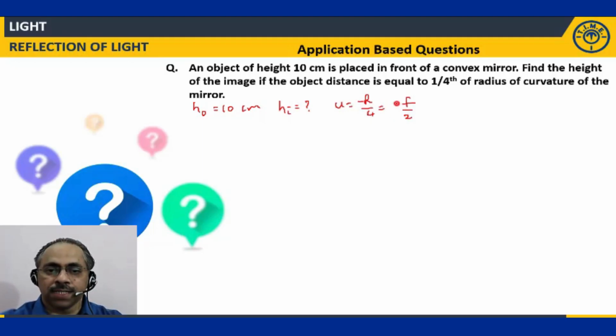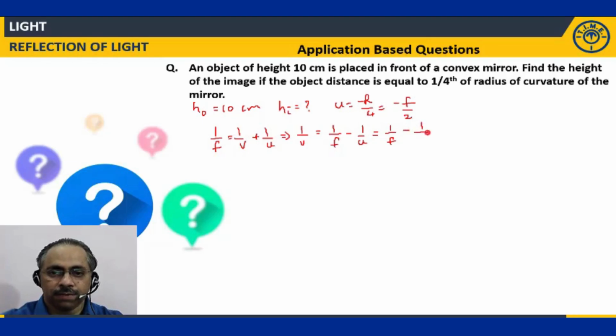So applying the sign conventions, I will get it as minus. I'll go with the mirror formula. 1 by F is equal to 1 by V plus 1 by U. Now implies 1 by V is equal to 1 by F minus 1 by U. So if I take this way, 1 by F minus of U is minus F by 2, minus F divided by 2.